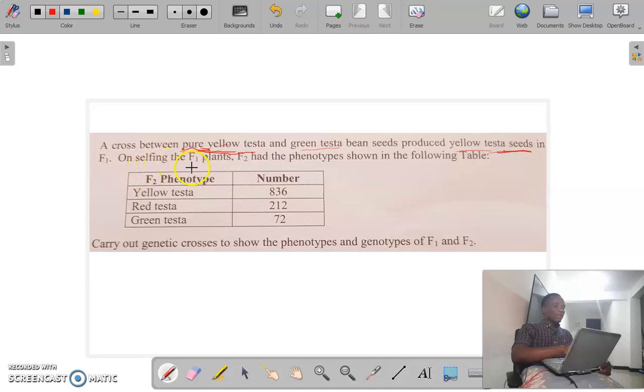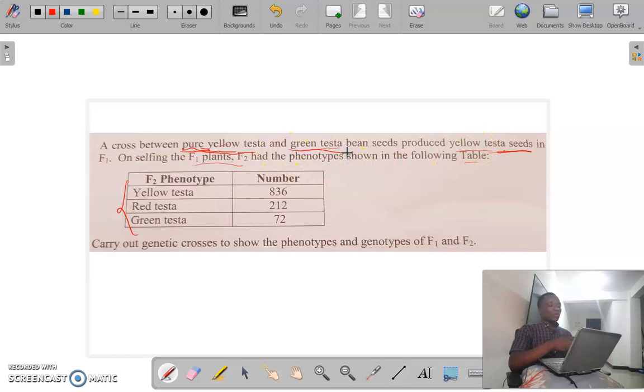On selfing the F1 plants, F2 had the phenotypes shown in the table below. So after selfing those yellow tester F1 individuals, the resulting F2 had those phenotypes presented in this table. We have at least one piece of information that yellow tester was seen in F1, so probably it is dominant over green tester.